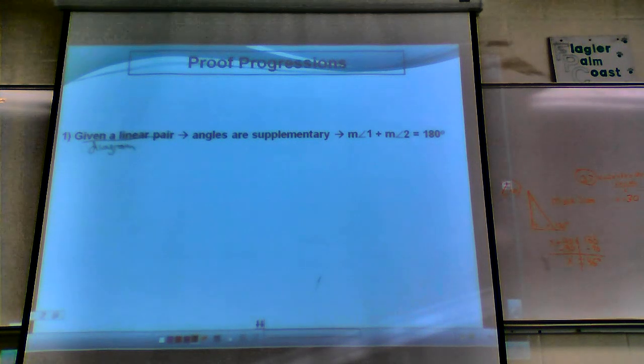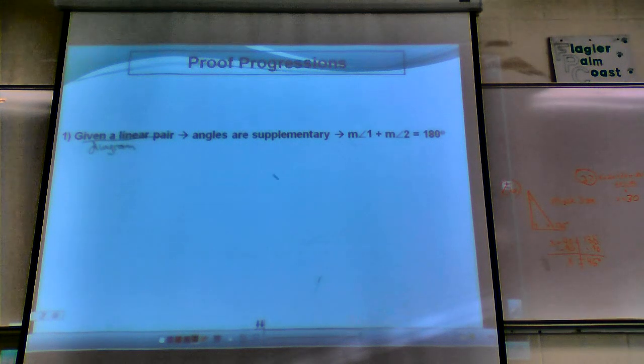It's already on here. I know, it would be reasons because here's how you got to act in these things, right? Basically, what I'm giving you when it says proof progression is common things that link together, so that in this case, if I saw in my picture somewhere where there's a linear pair, the majority of the time, you're going to go, oh, it's a linear pair.